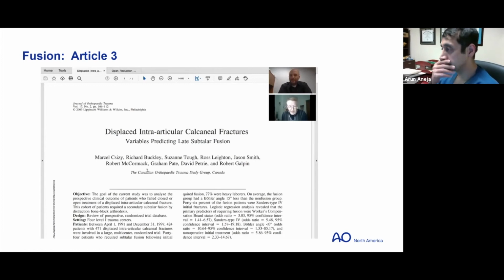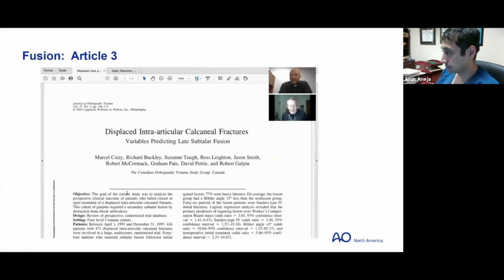This particular paper then was an offshoot because we looked at all the variables that would predict late subtalar fusion in this huge group. I think it's about 470 calcaneal fractures. This paper helped us move in on what were the patient characteristics that determined someone would have a bad outcome, whether treated operatively or non-operatively, such that they'd need a late subtalar fusion.